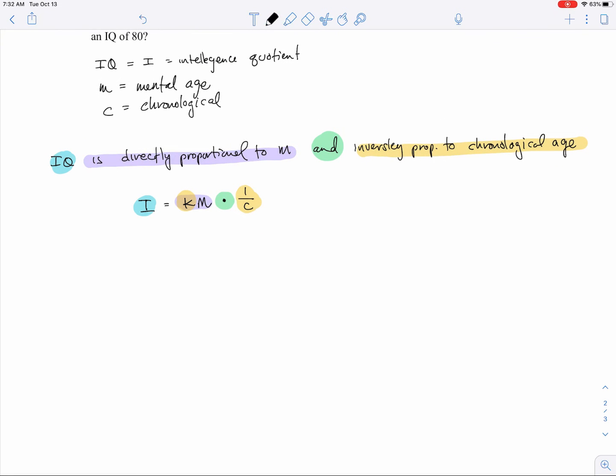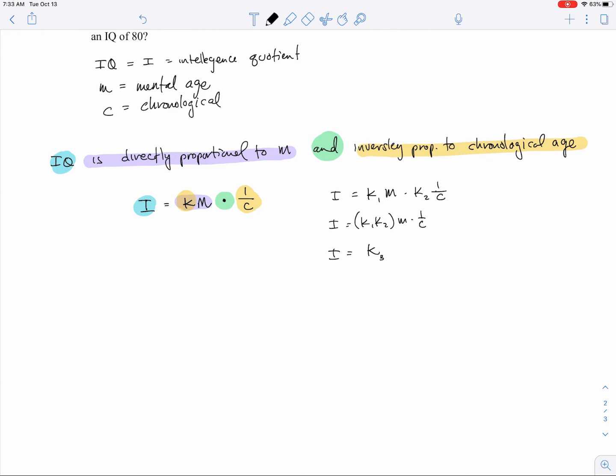Now, technically speaking, you could have done something like I is equal to my first constant of proportionality times M times a second constant of proportionality times 1 over C. And then you could have said I is equal to K1 times K2 M times 1 over C. And this could have simplified to I is equal to 1 big K3.